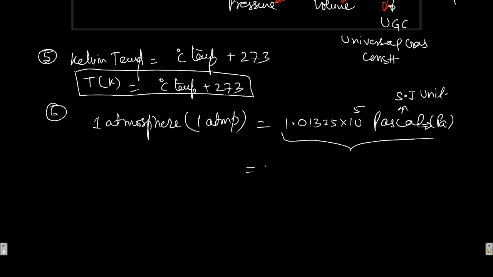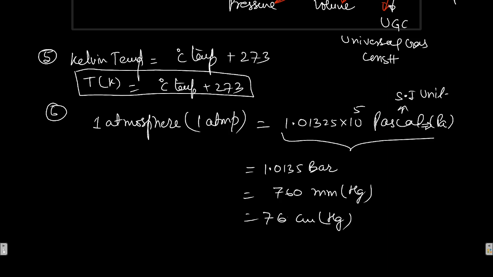We can say this is 1.01325 bar, and the same is 760 millimeter of mercury pressure, and 76 centimeter of mercury pressure.